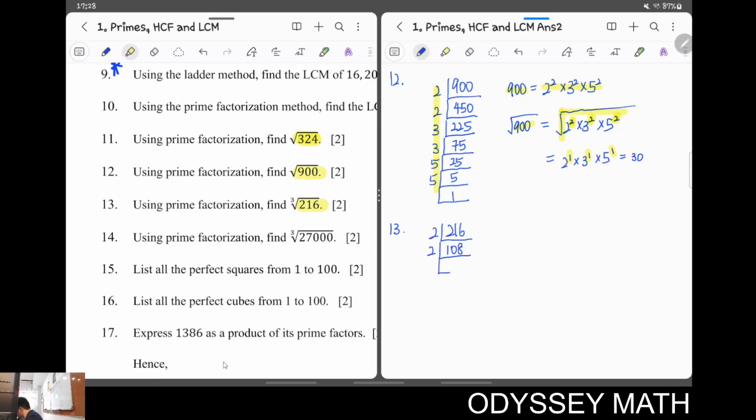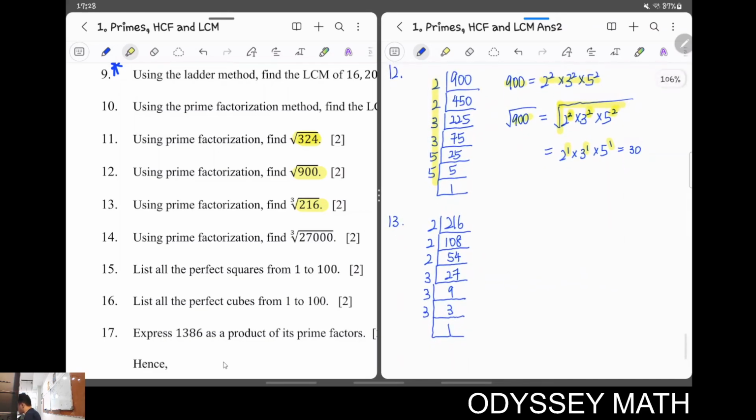Put 2, 54. Put 2, 27. Put 3, 9. Put 3, 3. Put 3, 1. So that means that 216 equals 2 to the power of 3 times 3 to the power of 3.